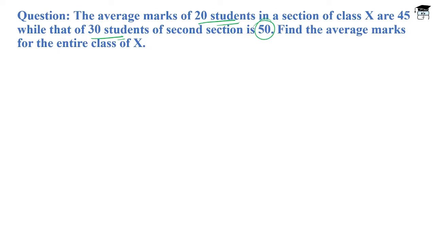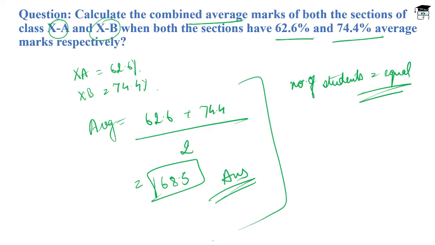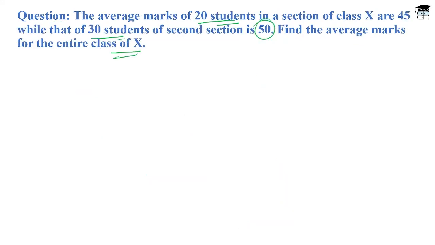Find the average marks for the entire class of 10th. Here the number of students was equal, so it was simple to calculate. But what happened here is the number of students changed.